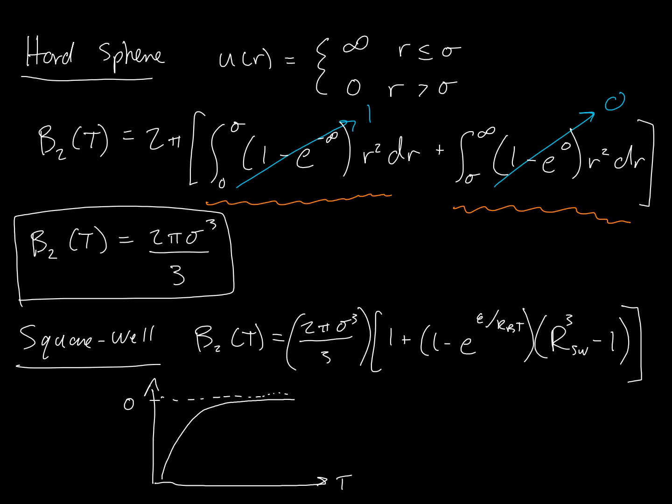So the square well potential gives you a slight attractive pull from your second virial coefficient, but this is actually only sort of relevant or detectable when you're dealing with a low temperature fluid. So it's slightly attractive, but not too much.